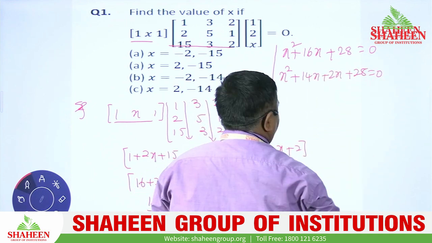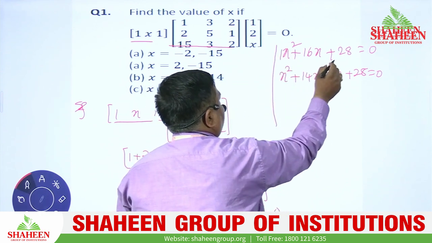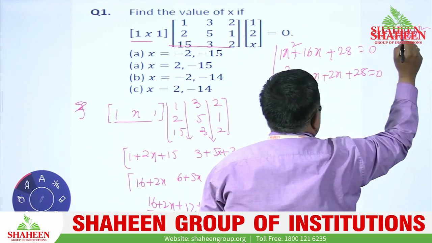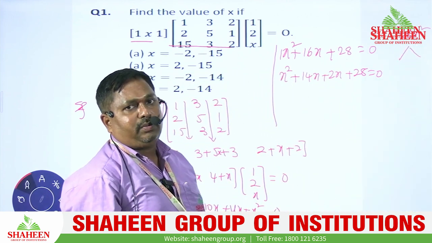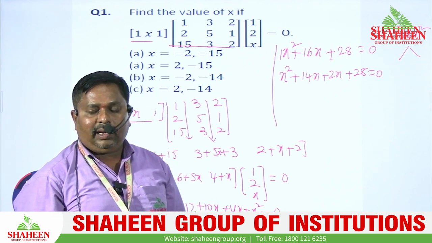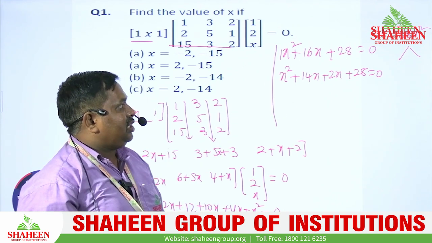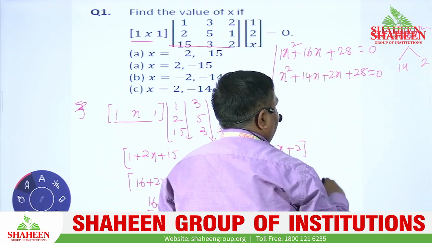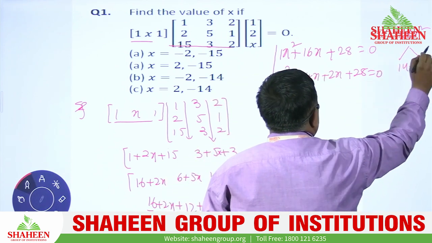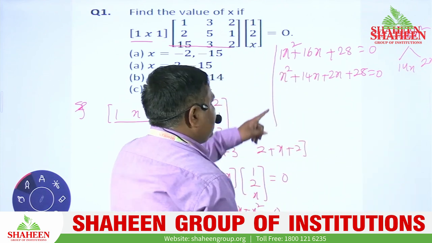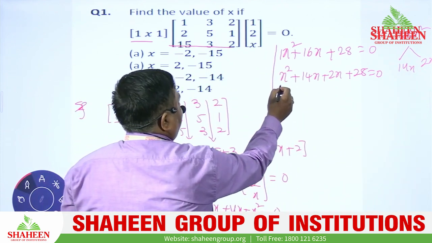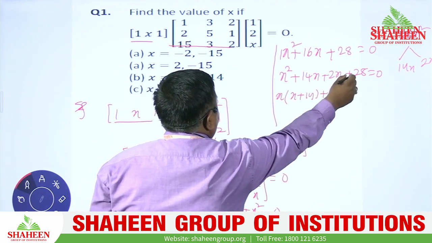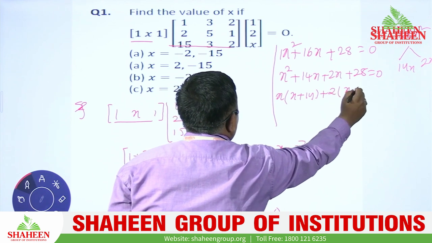As you know, we will multiply the first term with the last term, we'll get 28x square. We are supposed to select two numbers whose multiplication is 28x square and whose sum is 16x. That becomes 14x and 2x: 14 twos are 28, so 14x times 2x is 28x square, and their sum is the middle term, that is 16x. In the first two terms x is common, remaining x plus 14, and in the remaining two terms 2 is common, remaining x plus 14.